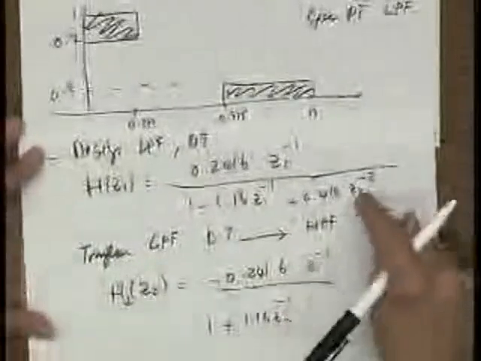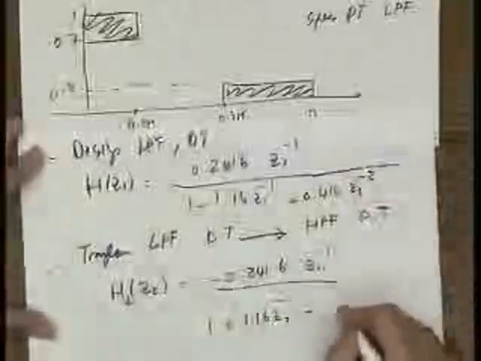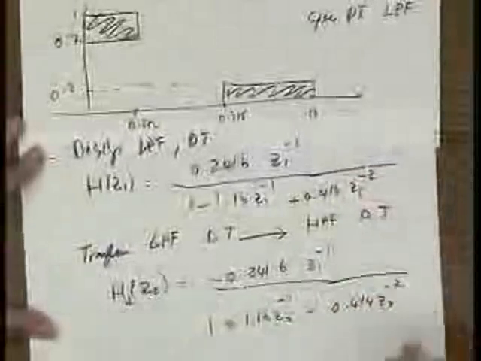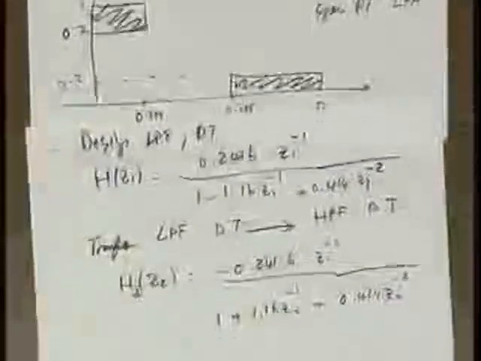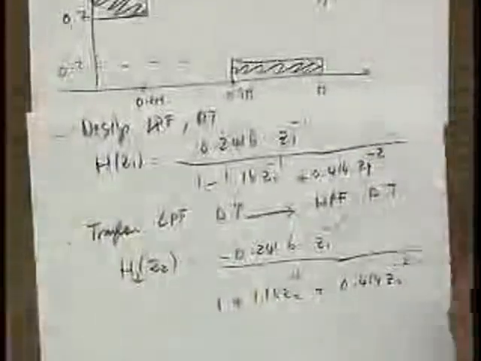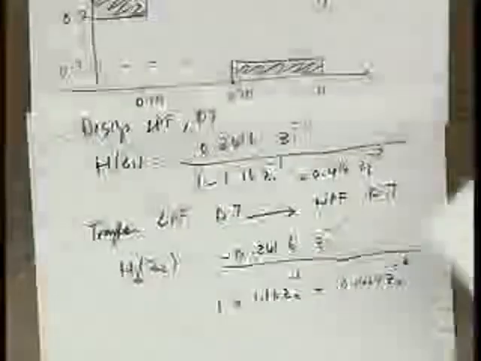And then here I replace z1 with minus z2, but it's squared, so it doesn't make any difference. 0.414 z2 to the power of minus 2, and boom, that's our high pass filter that we were after. Because when you let alpha equals 0 in this thing here, all you get is z1 is equal to minus z2.